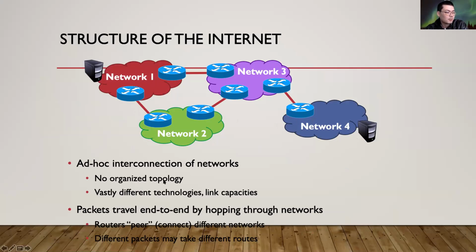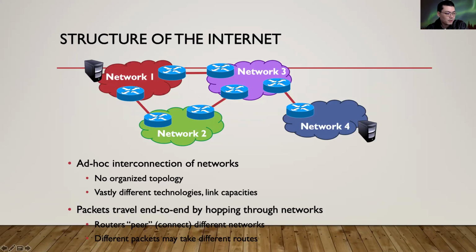There's no organized topology, and links can depend on very different technologies and capacities. These can be very different router devices, and different ISPs may have different routers, so it can be very diversified.